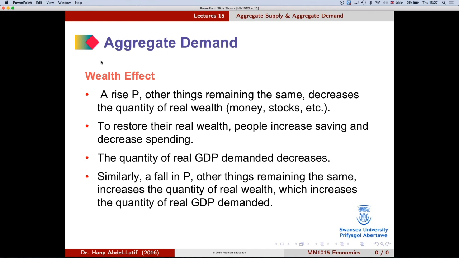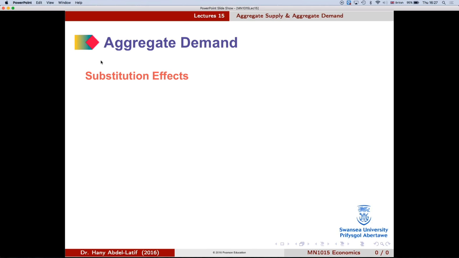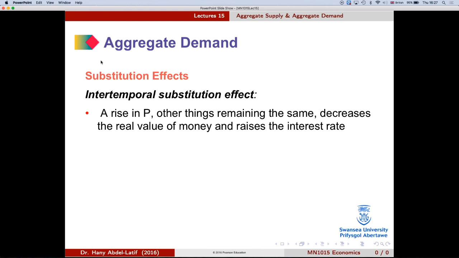The other reason is the substitution effect. And actually there are 2 substitution effects. One is the intertemporal substitution effect, and this happens through the effect on the interest rate. So if the price level increases, and again assuming that other factors remain the same, this will decrease the real value of money and raise the interest rate.